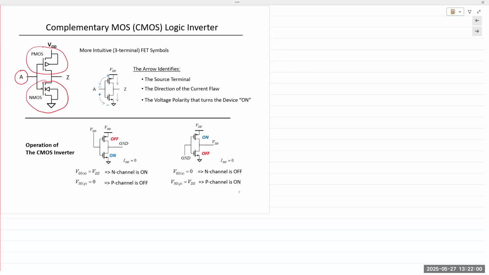Again, for an NMOS transistor, the gate voltage must be higher. For a PMOS, the gate voltage must be lower. Okay, so if you apply a 0 over there, the PMOS and the NMOS are going to turn on and off independently.